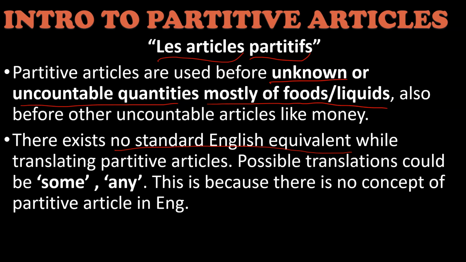Now, sometimes we use words like some and any, right? But if you remove them from the English sentence, the sentence remains the same. So if you say, I have some money in English, this would roughly be the partitive article. Now, if you remove the partitive article, you just say, I have money. Does the sentence change its meaning?